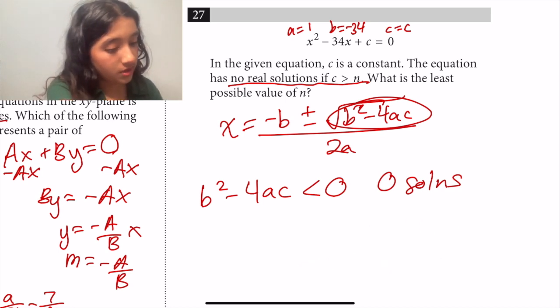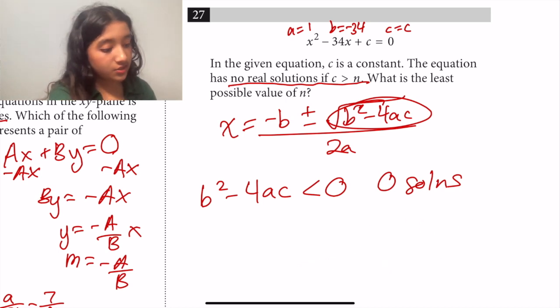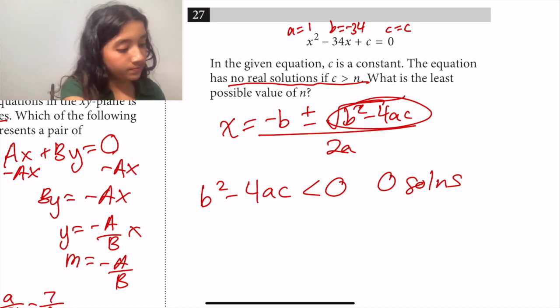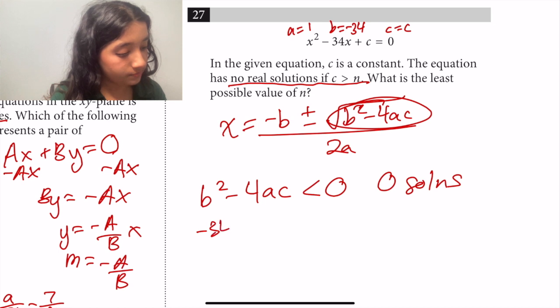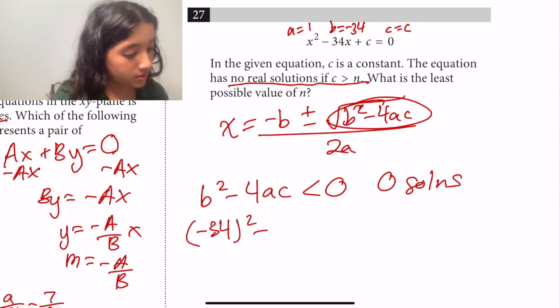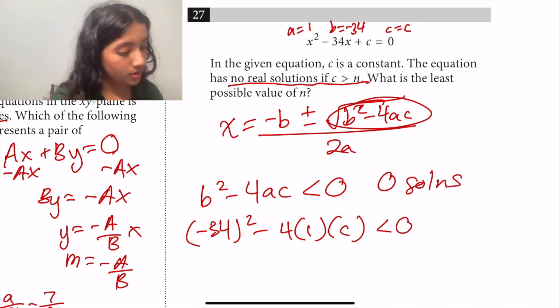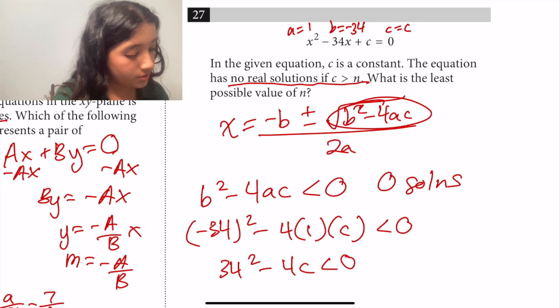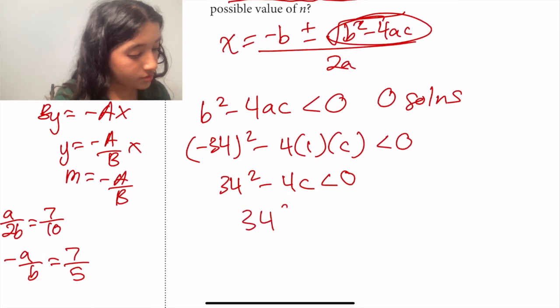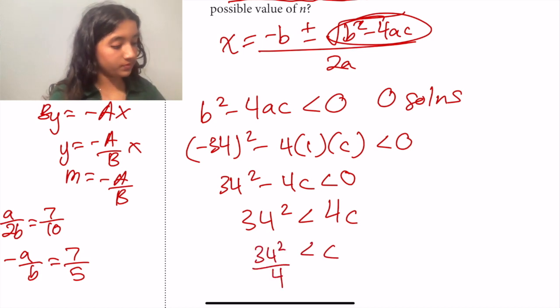So if b squared minus 4ac is less than 0, we can plug in our values here. We have -34 squared minus 4 times 1 times c is less than 0. So then 34 squared minus 4c is less than 0. 34 squared is greater than 4c, and that means that c is greater than 34 squared over 4.